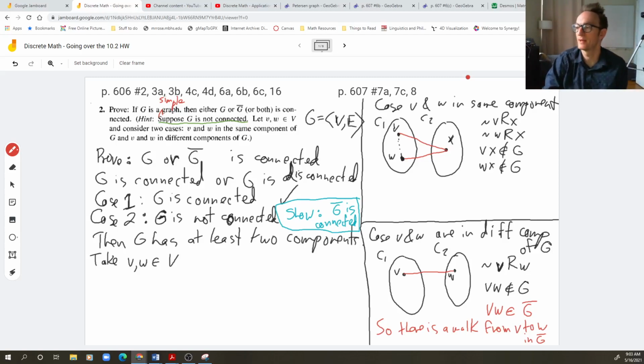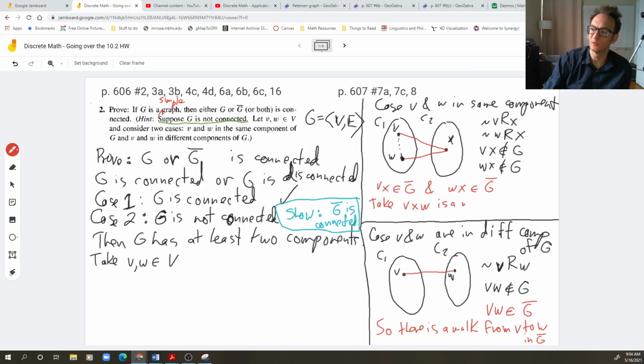That's another way of thinking about it. So edge VX is in G complement, and edge WX is in G complement. And now, just take the walk: V X W is a walk of length 2 in G complement from V to W.